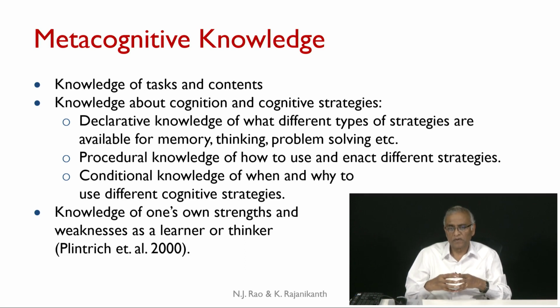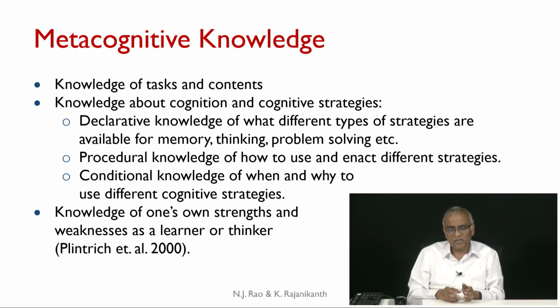For example, metacognitive knowledge is considered to be declarative knowledge and procedural knowledge. But now the declarative knowledge of what different types of strategies are available for memory, thinking, and problem solving, because these are the three activities a student is likely to be dominantly involved in.